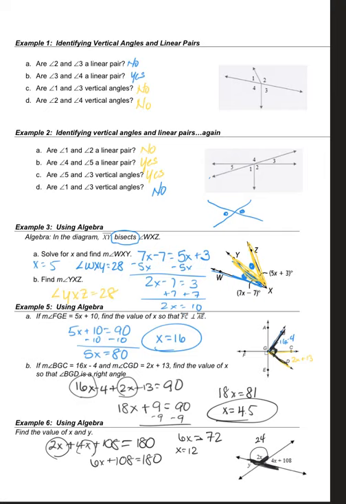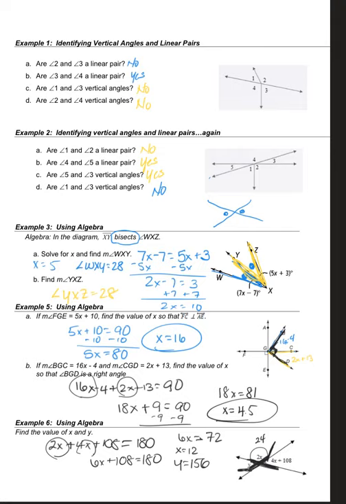And I know that these two angles have to add up to 180 because they're a straight line. So 180 minus 24 tells me that y has to be 156. Anytime you have two angles that make a straight line, they're going to add up to 180. And anytime you have two angles across from each other, they would be equal to each other.